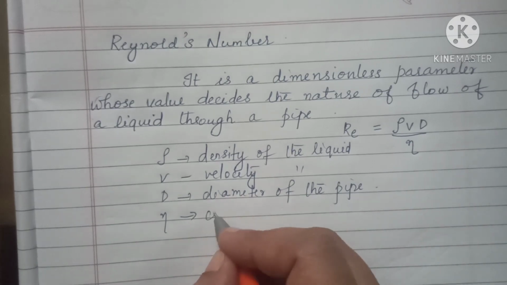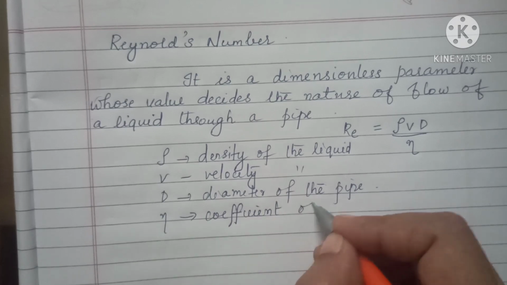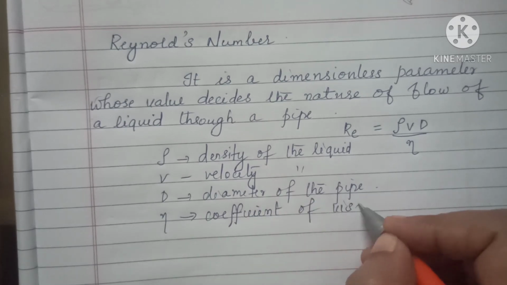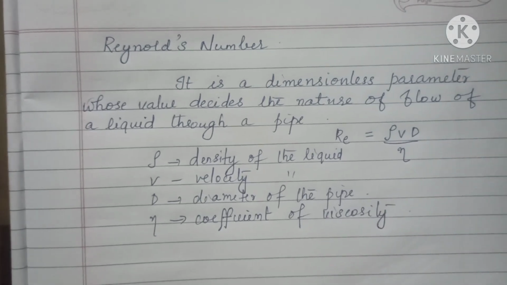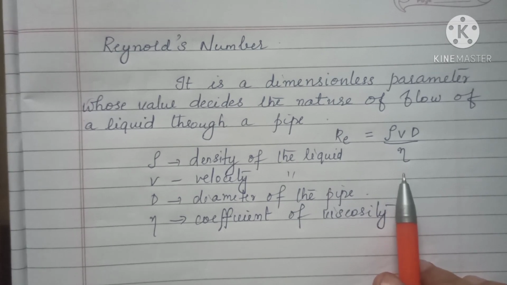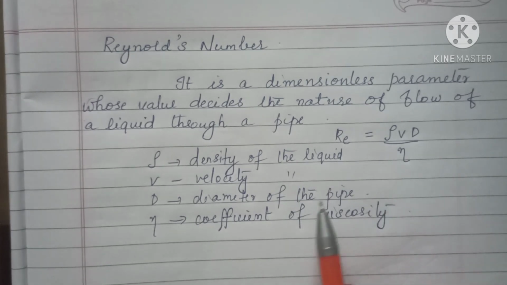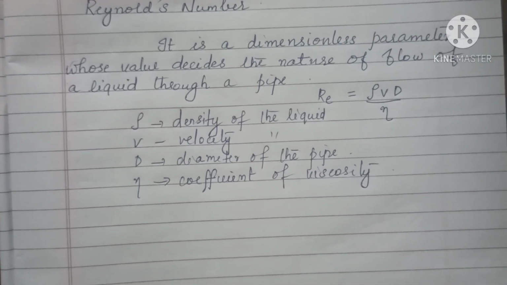Eta is the coefficient of viscosity, which we will explain later. So Reynolds number is equal to rho V D by eta, where rho is the density of the liquid, V is the velocity of the liquid, capital D is the diameter of the pipe, and eta is the coefficient of viscosity.